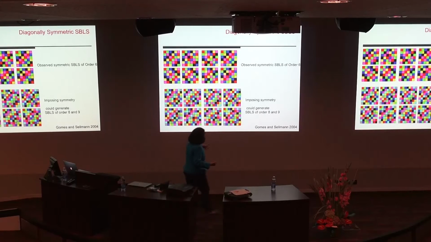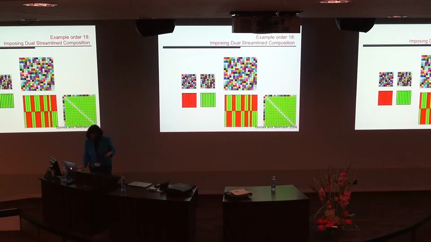And now, by imposing symmetry, we could go to order 9. Then we kept pushing, and for example, here we could produce a solution of order 18 by assuming it would be a combination. Basically, I would have a dual representation where I could compose a big one from this.